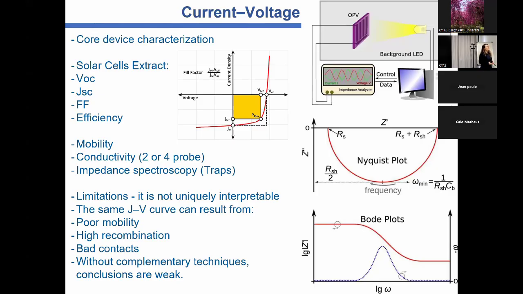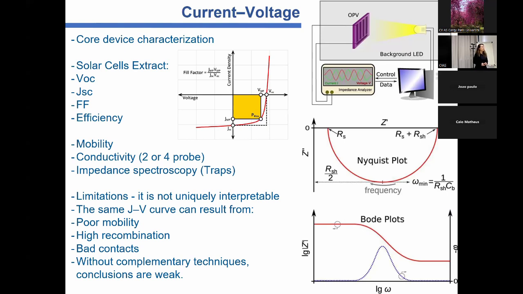So you have the diode factor and also the relationship with the transport using current voltage in terms of frequency of the current. We can also have this Nyquist plot.